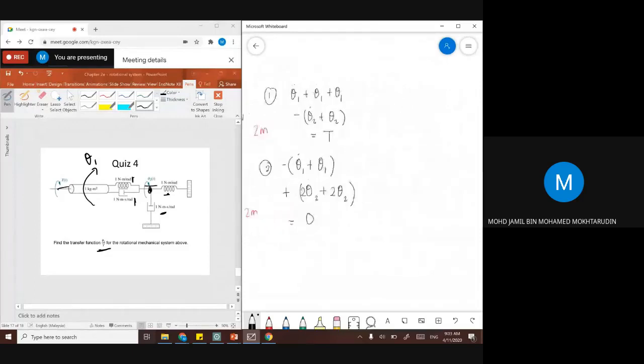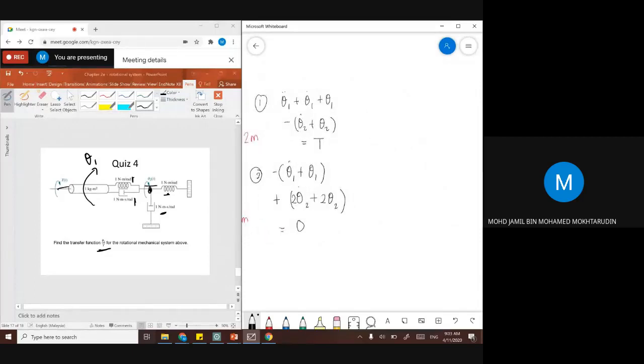Okay, and then tulis dalam frequency response. So you get s squared plus s plus 1 theta 1 minus s plus 1 theta 2 equals T, and then this one becomes negative s plus 1 theta 1 plus 2s plus 2 theta 2 equals 0.